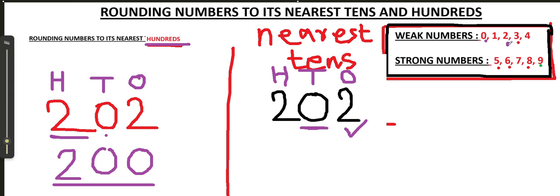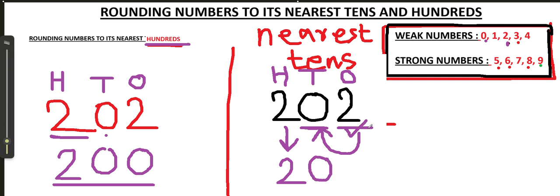Now 2 is a weak number, so 2 tries real hard to push 0 and turn that into a 1. But no, it shall be unsuccessful in doing that. So this 2 remains as 2, the 0 remains as 0, and the other 2 has drained all its energy and has turned into a 0.